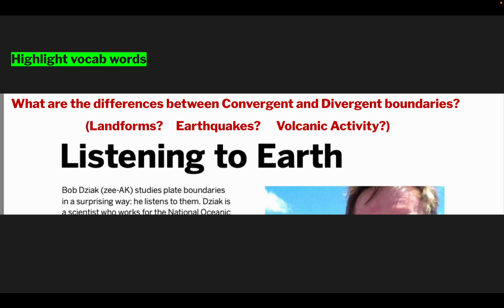So you cannot just highlight. That's not annotating. Annotating means you're writing, like you're underlining things, you're writing notes to yourself, you're restating what was said in the paragraph, you're summarizing, you're maybe drawing pictures of like what are the landforms, or are there earthquakes, yes or no, or whatever.